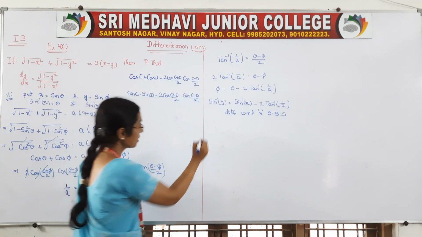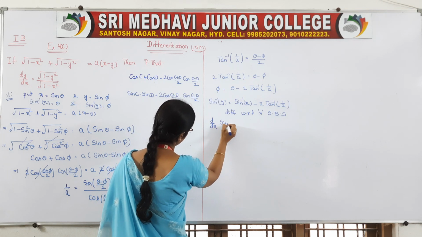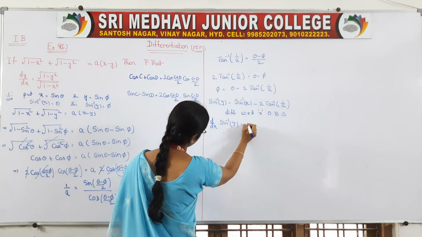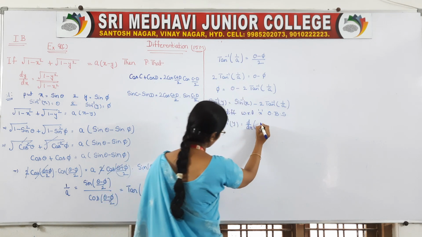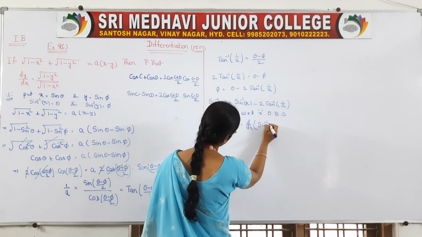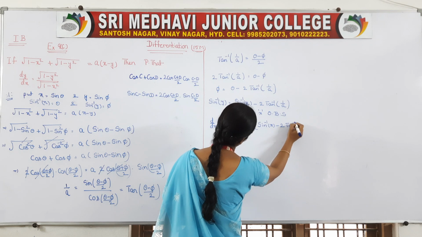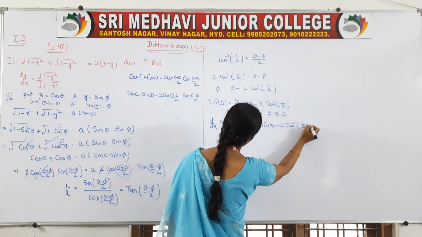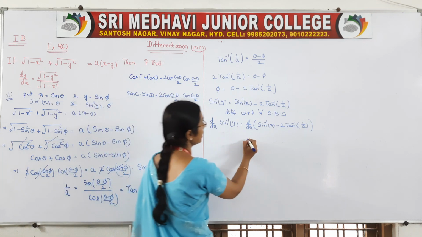So what happens? d by dx of sin inverse of y is equal to d by dx of, we are having two terms, isn't it? Sin inverse of x minus 2 tan inverse of 1 by A. So whenever there is plus or minus, we have to take separate derivatives.